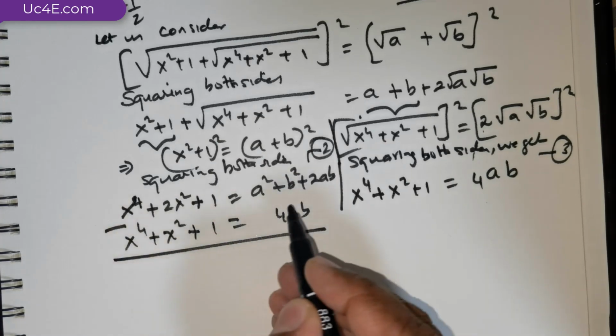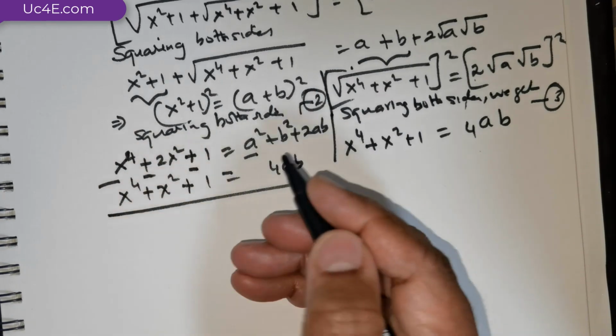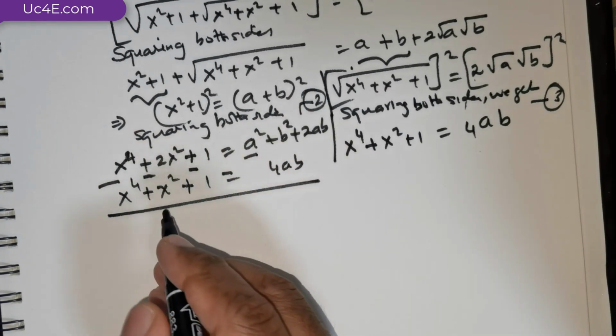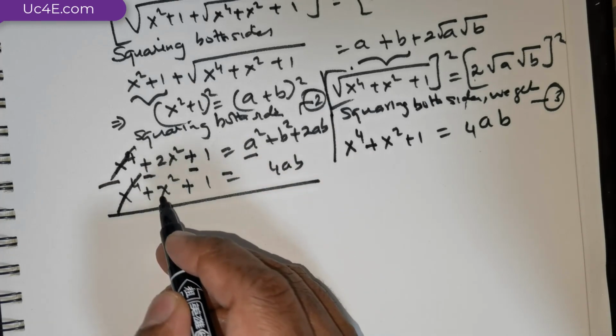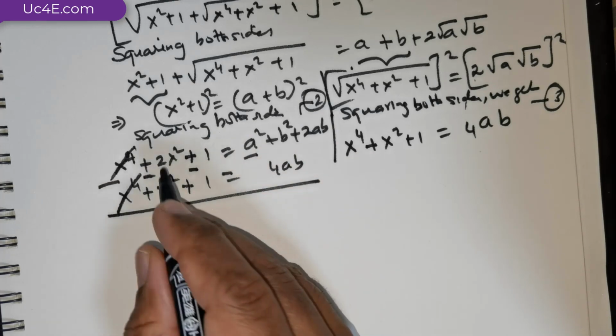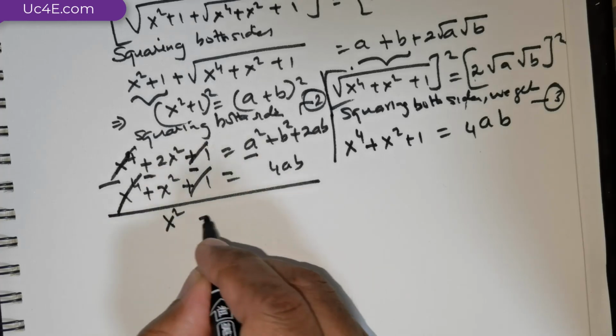Now I'm going to subtract. x to the power of 4 gets cancelled, 2x squared minus x squared produces x squared, and the plus 1 minus 1 gets cancelled.